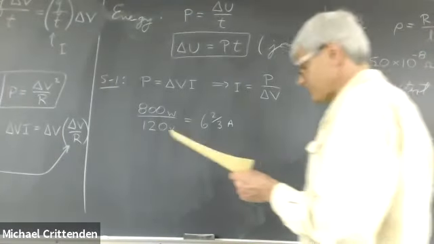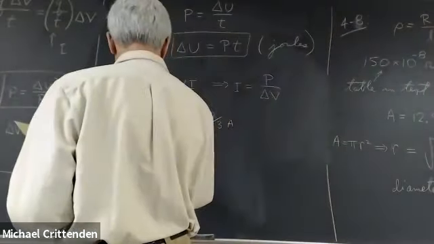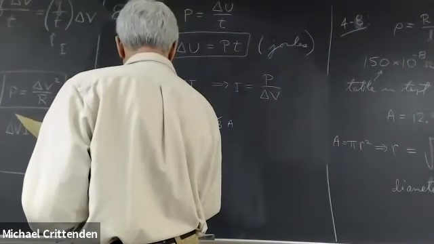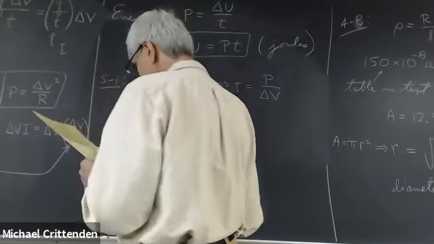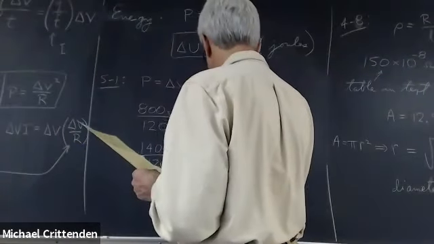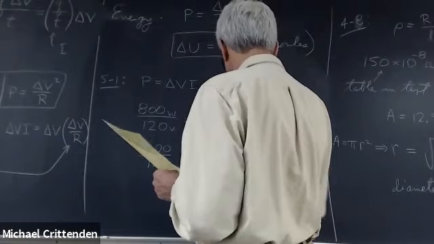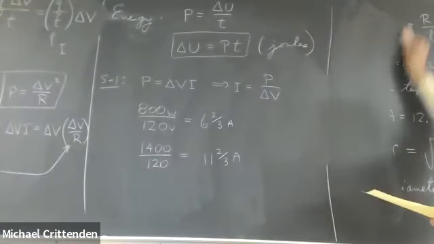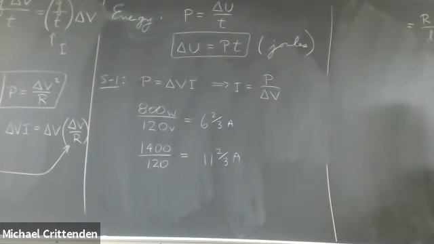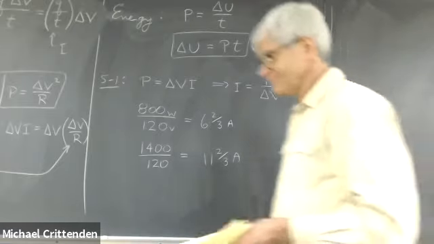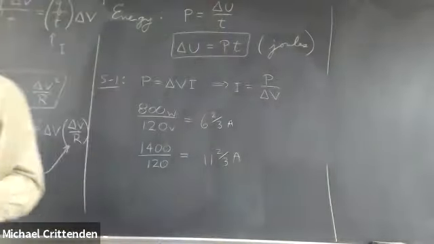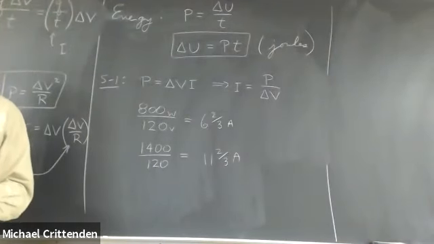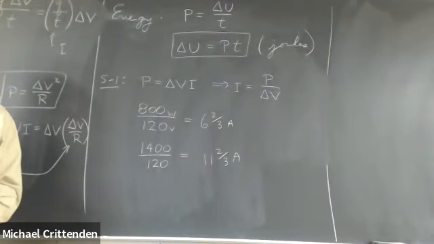And for the hair dryer, that's going to draw 11 2/3 amps. Give or take. I mean, hair dryers and toasters are not manufactured that precisely.